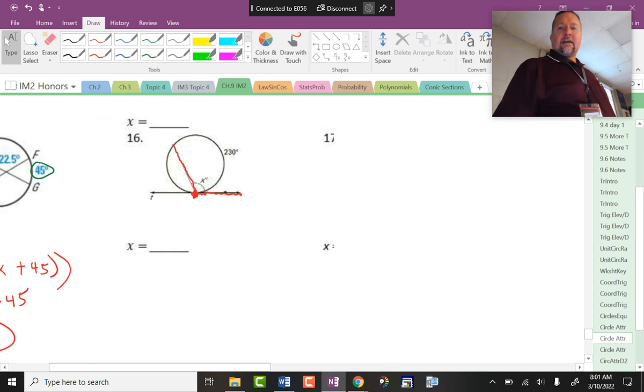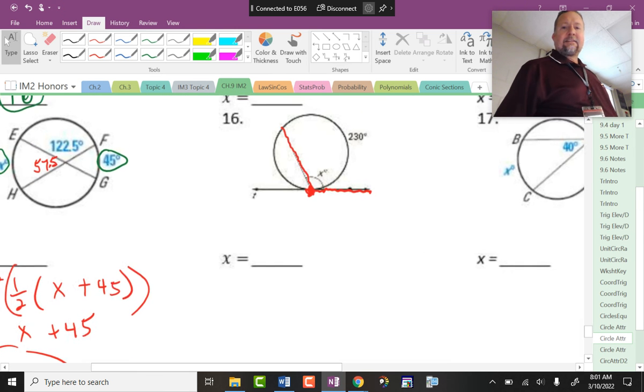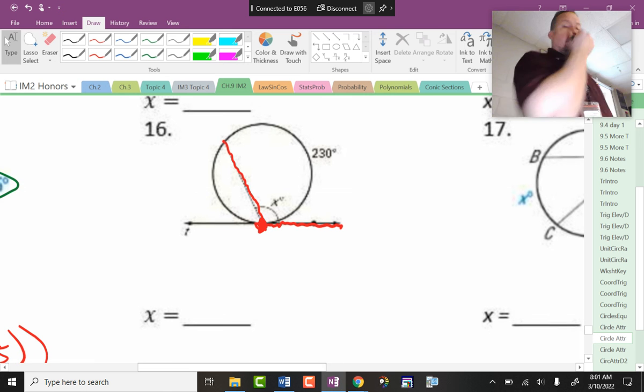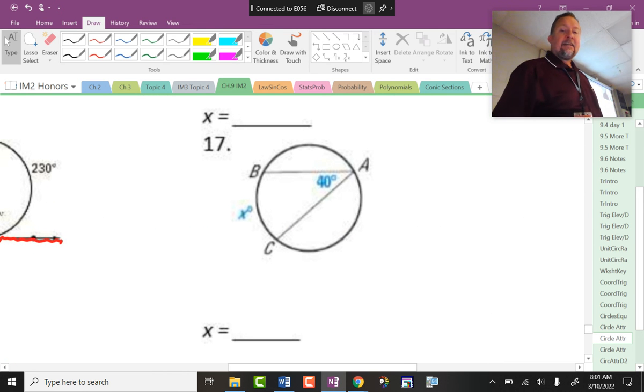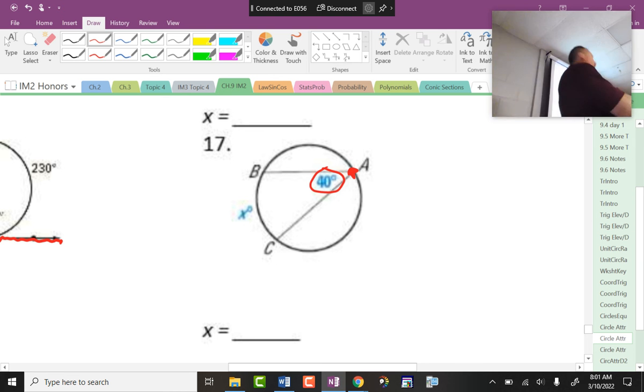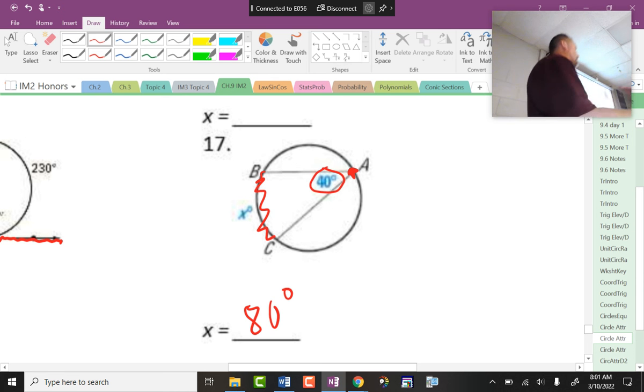All right. Anything else of any consequence here? Not a big deal on 16 and 17. One thing about 16, though, for the first time, I guess I'll do 17 real fast. The relationship between an inscribed angle compared to the arc that it cuts is that it is half. So the arc is double. Don't reverse it. I'll get some people that put 20 there.